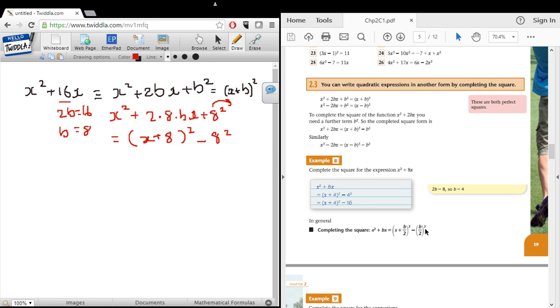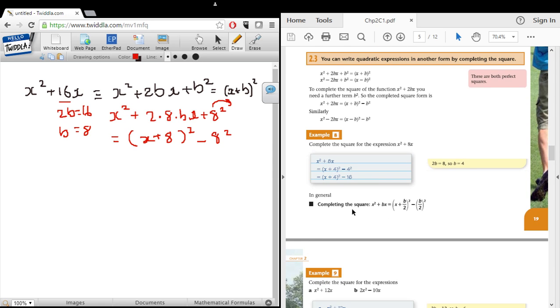So it gives you a rule: completing the square, x squared plus bx equals the following. Very simple rule that you need to write down, and I always recommend students do this. If they don't have the best of memory at first glance, then all they need to do to remember it for the future is write it down over and over again.